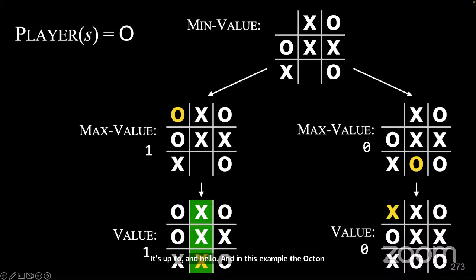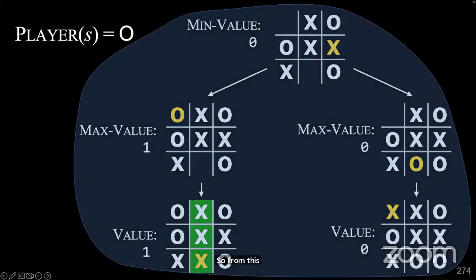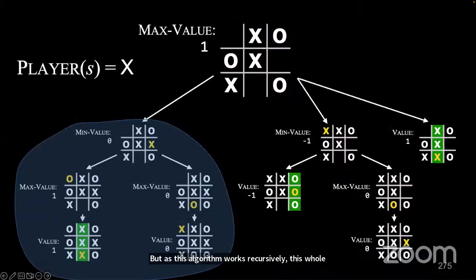So in this way, the min player will choose this action, and it will get value 0, which means it cannot win, but it prevents X from winning. So from this state, the min value is 0. But as this algorithm works recursively, this whole scenario might be a small fraction of a larger scenario where the max player is trying to decide which actions to choose.